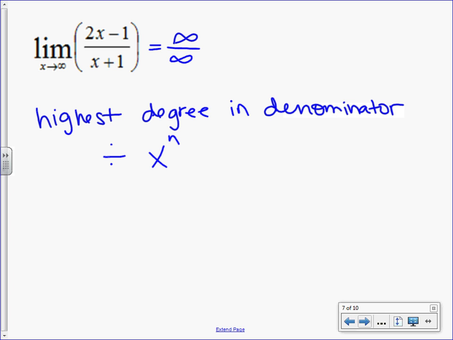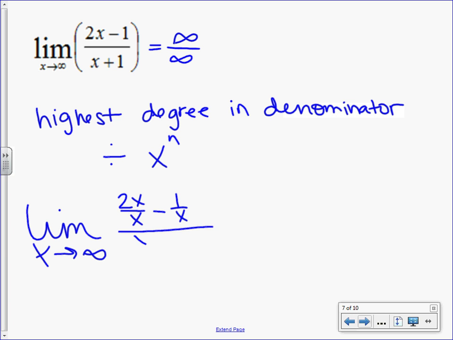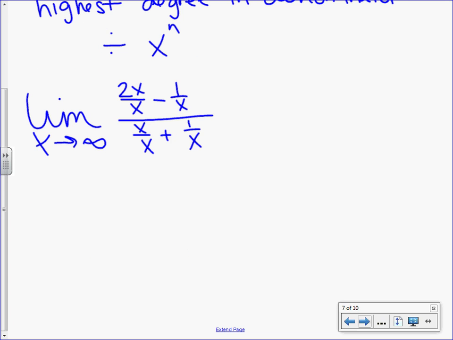X to whatever power it is, okay? So in this case, what is our highest degree in the denominator? 1. So what we're going to do is we're going to divide everything by x. What happens?